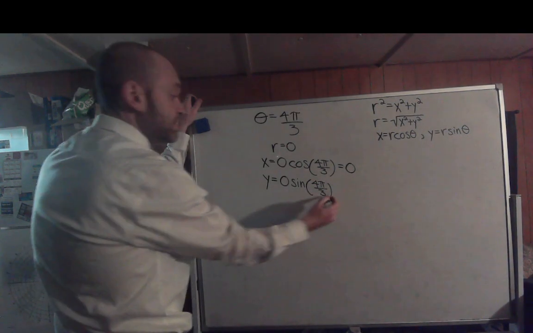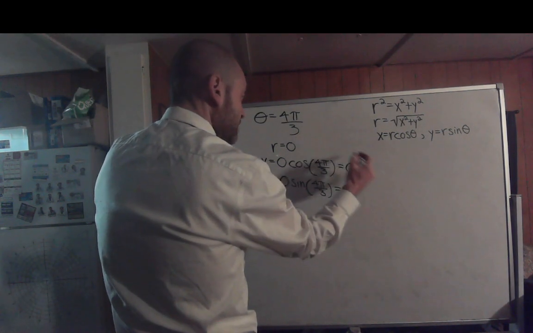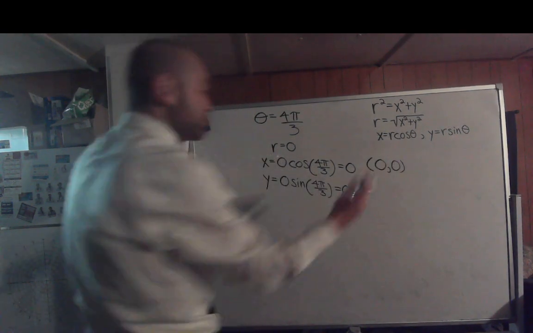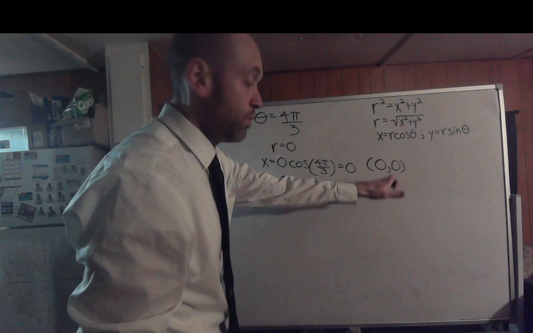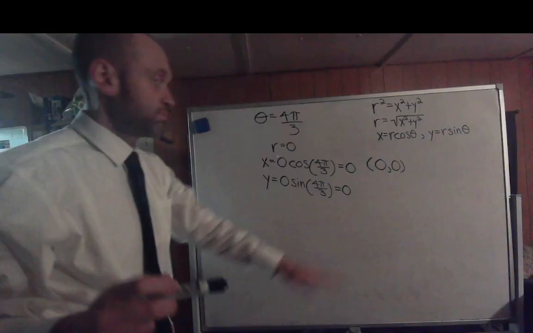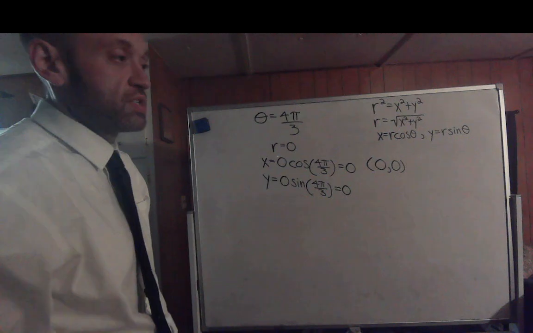Well, again, 0 times anything is 0. So you have your first coordinate set at the point 0, 0. That's why I say pick 0 as one of them, because you have a free coordinate at the origin. And that makes sense because in the polar axis, this line will go right through the origin, or the pole as it's known in the polar system.